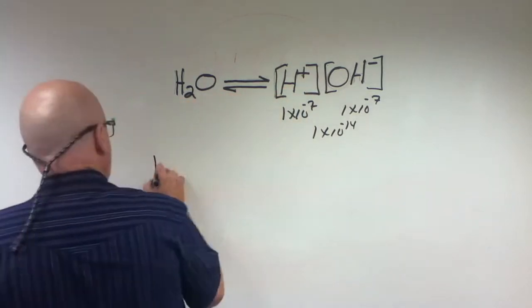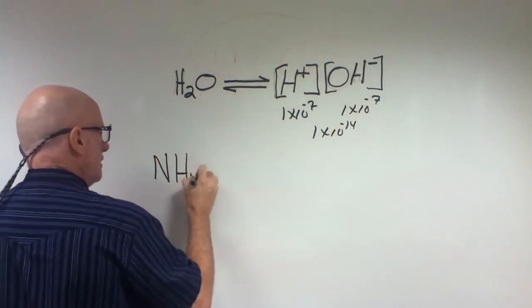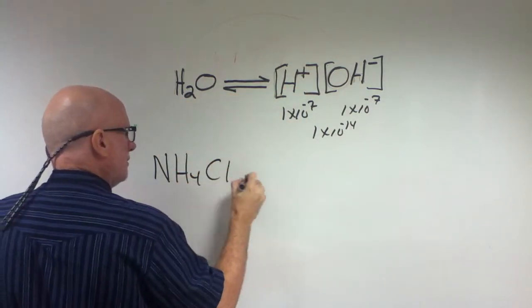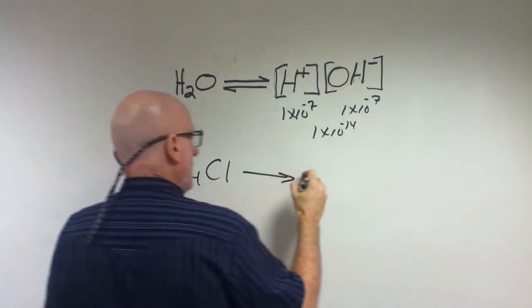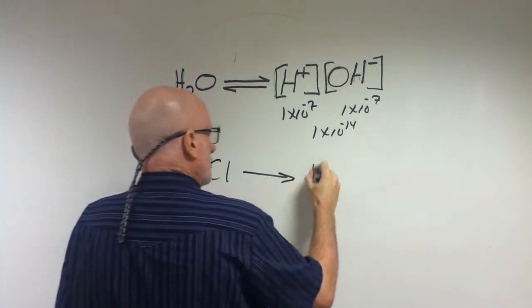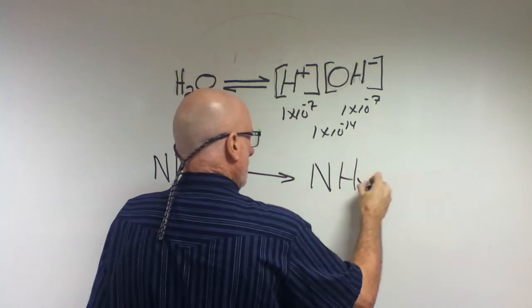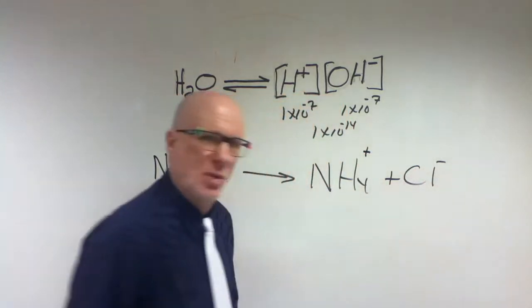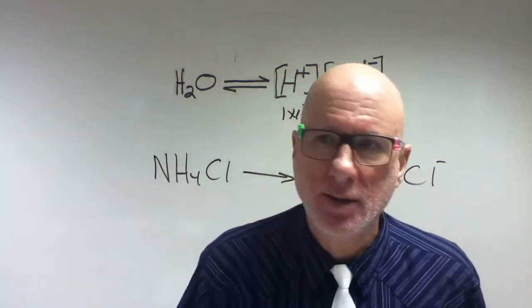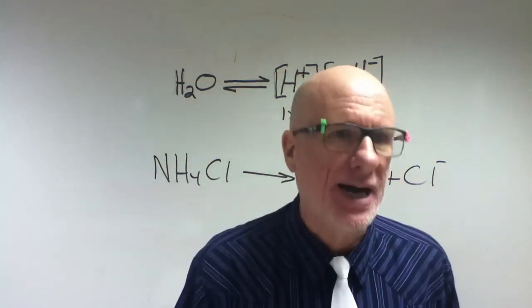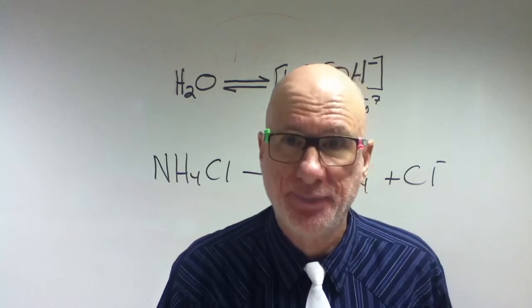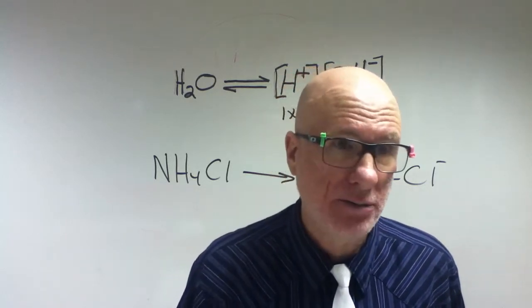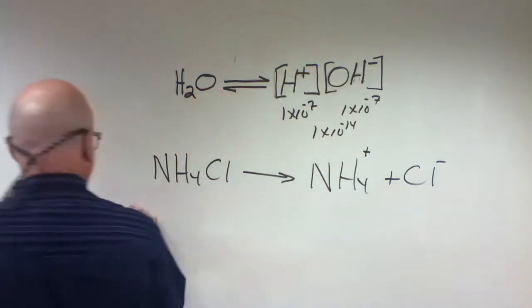Okay. So I'm going to take ammonium chloride, so it's going to be ammonium plus chloride. I'm going to put that in water. So what's really the operative ion? It's going to be ammonium, right? Yes or no? Yes. Okay.